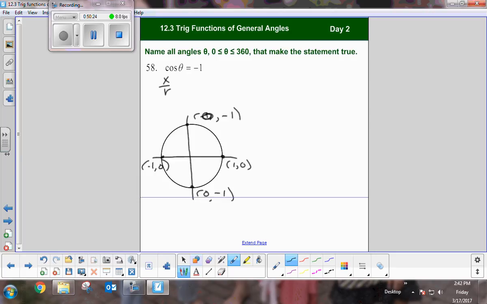But I want this to be equal to negative 1. In other words, if r is 1, I want x to be equal to negative 1. Where is x negative 1? I only see one place, right there. Going around in one rotation, because 0 is less than or equal to theta is less than or equal to 360, the only place this is true is, what degree measure is that? 180 degrees.